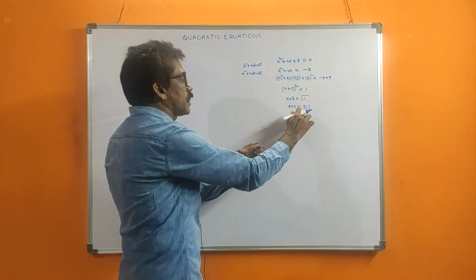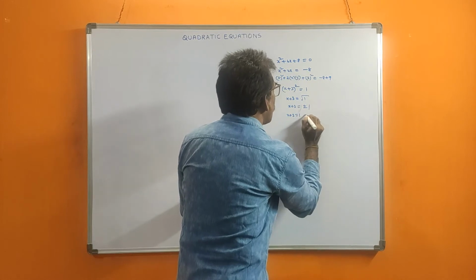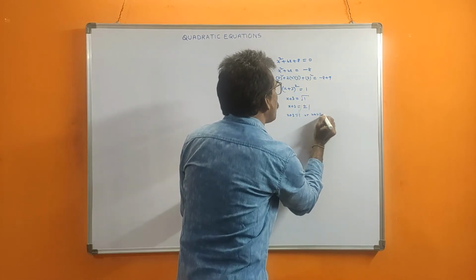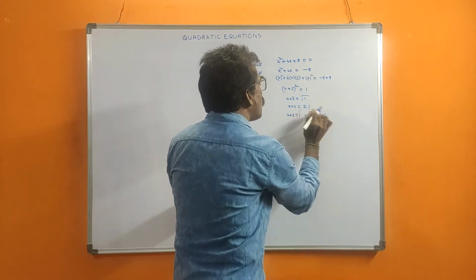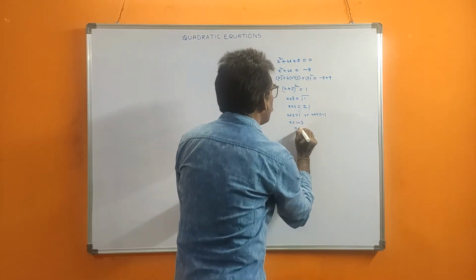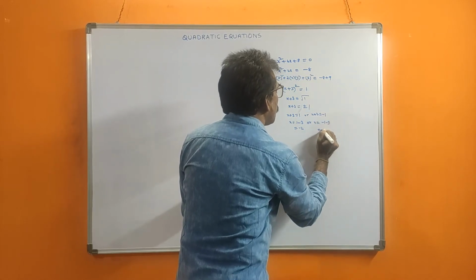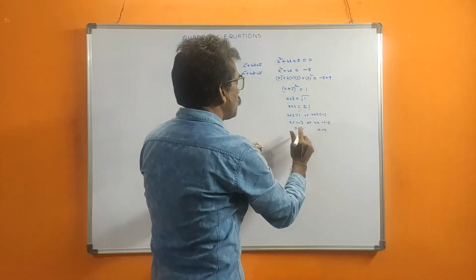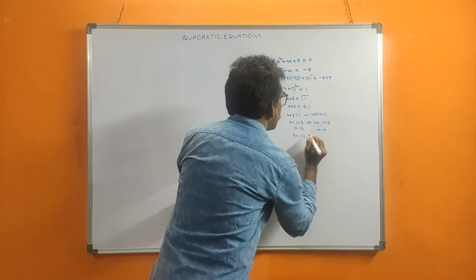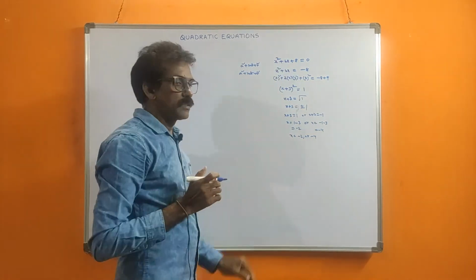Root of 1 is 1 but plus or minus. That means x plus 3 is equal to 1 or x plus 3 is equal to minus 1. So x is equal to 1 minus 3, that is minus 2, or x is equal to minus 1 minus 3, minus 4. So x values are minus 2 or minus 4. These are the roots of this equation.